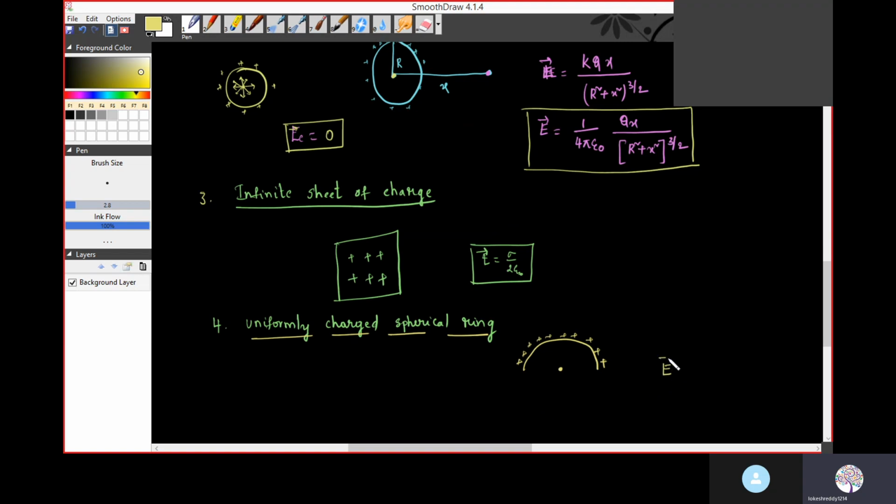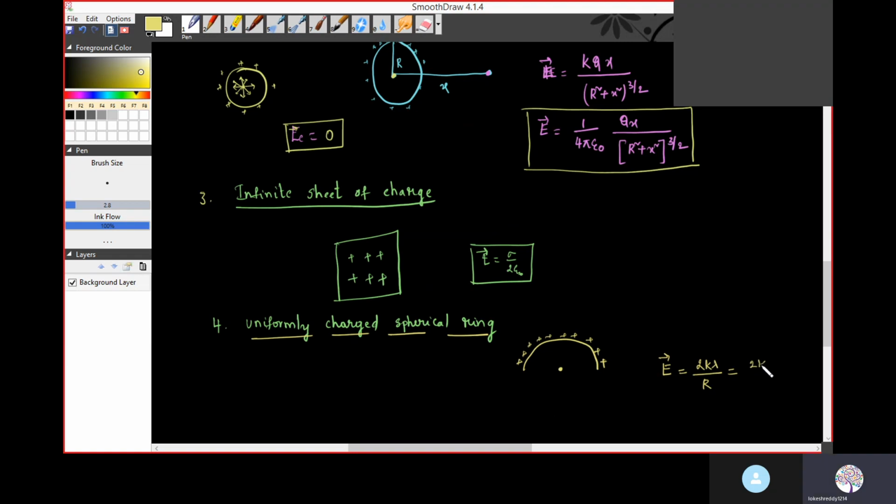The net electric field at the center is equal to 2k lambda by r. k is 1 by 4 pi epsilon naught.